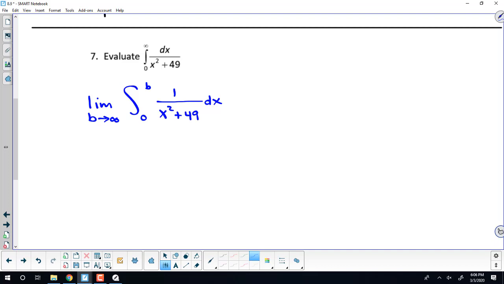Is there something more efficient? It's the inverse tangent, right? That's the inverse tangent form. Specifically, our antiderivative is 1 over 7 inverse tangent of x over 7.